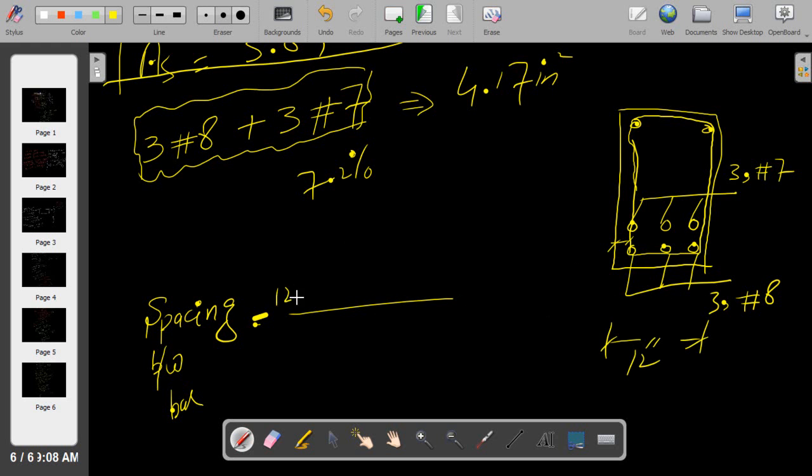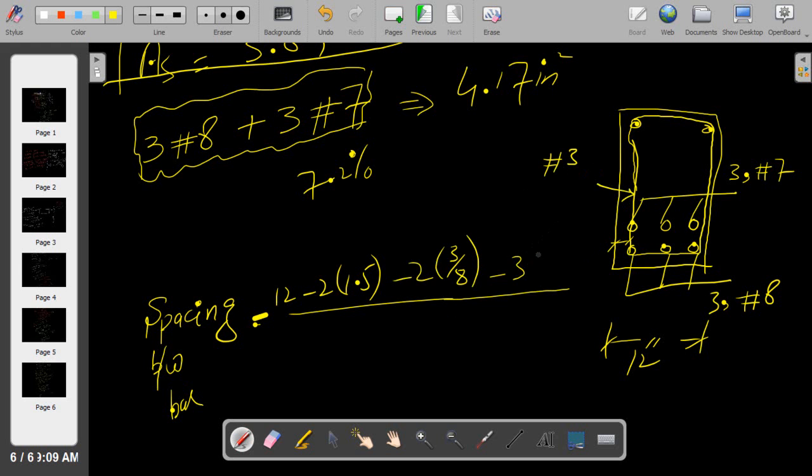So 12 minus, as I have already discussed in the previous part, 2 times the side cover, that is 1.5, minus 2 times the stirrup diameter. We are assuming number 3 stirrup, so we have this leg and that leg, which is why it is multiplied by 2.